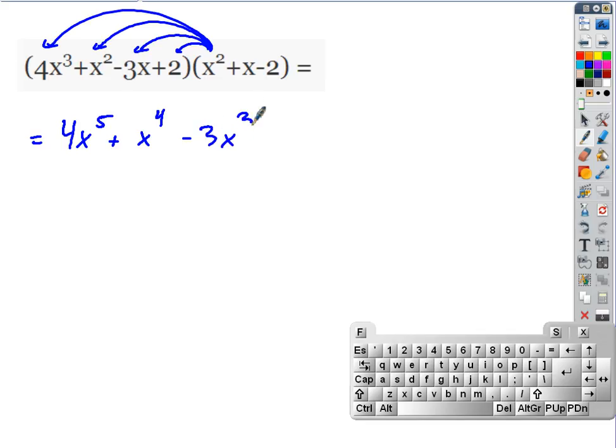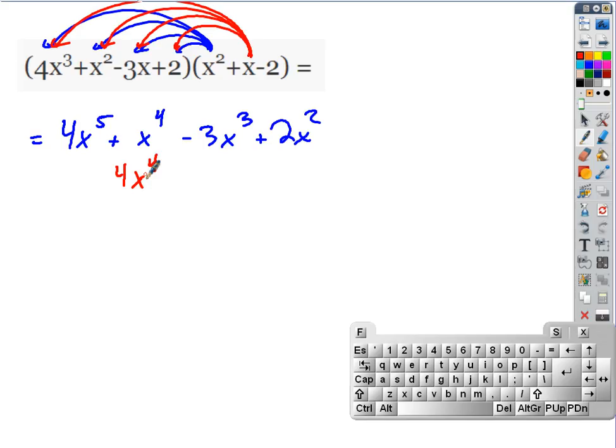Okay, now we got to distribute the x. Okay, so what's x times 4x cubed? So let's line it up with that column. Notice that if you're going to do it this way, which I think is good, if you're going to add them up vertically like this, you got to make sure you always leave a column for every power of x, right?